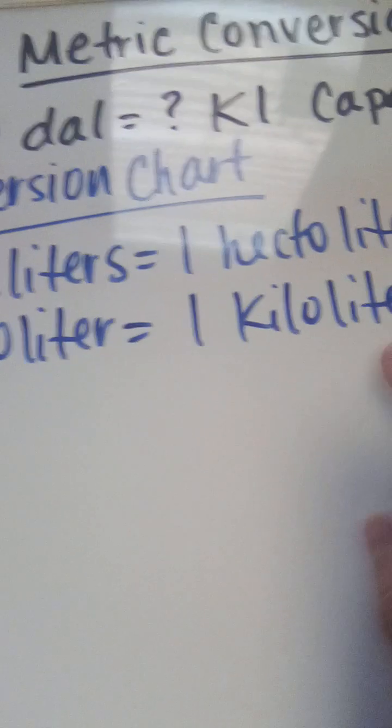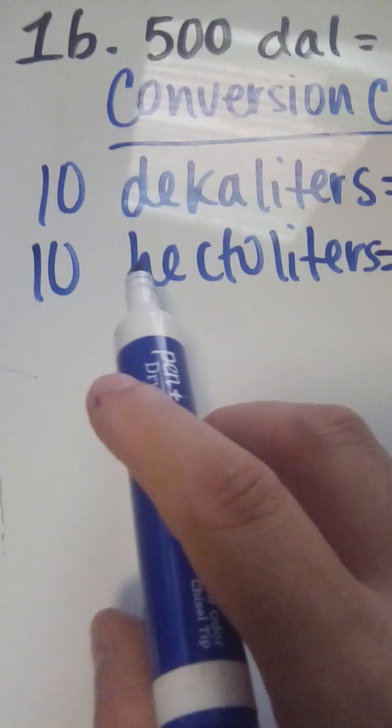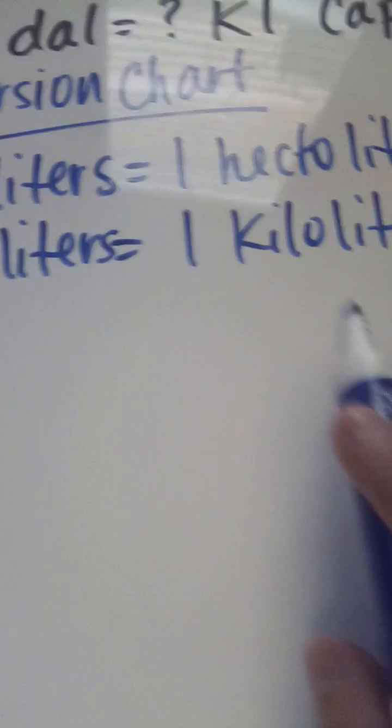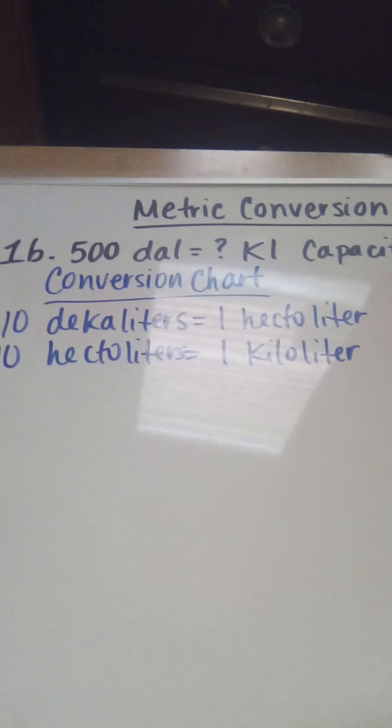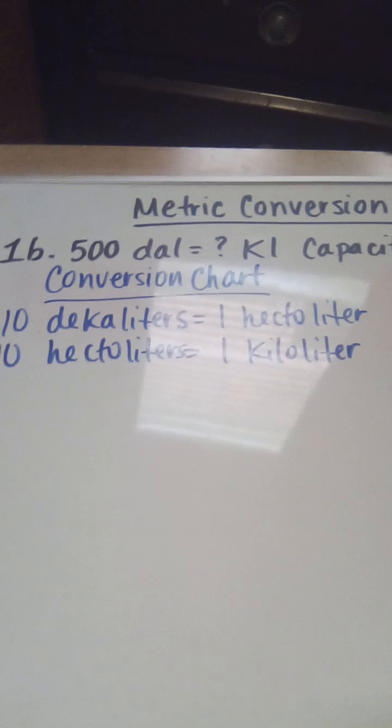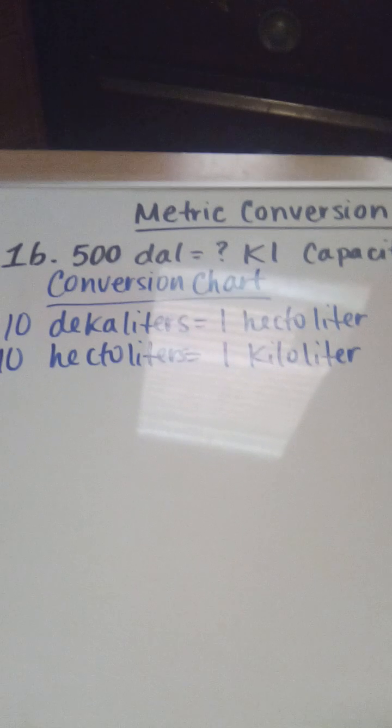Okay? So we have 10 deciliters equals 1 hectoliter, and 10 hectoliters equal 1 kiloliter. That's what we're looking for, okay? Can you see that, folks? All right. Any questions up on that?